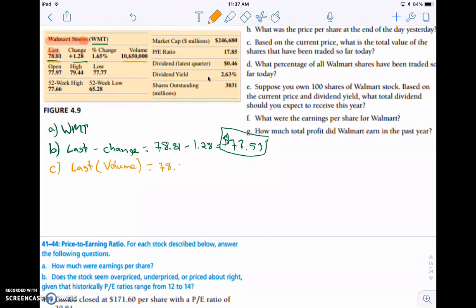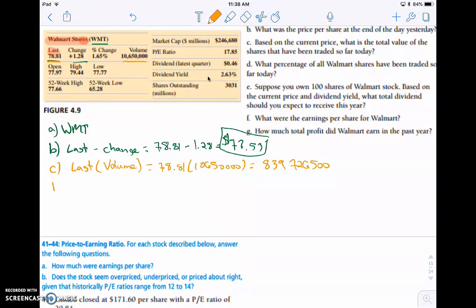So you're going to do 78.81 times 10,650,000. And this is going to come out to be a pretty big number here. So it's 839,726,500. So about almost 840 million is the total value of shares that have been traded so far today, whatever point in time we are in the day today.